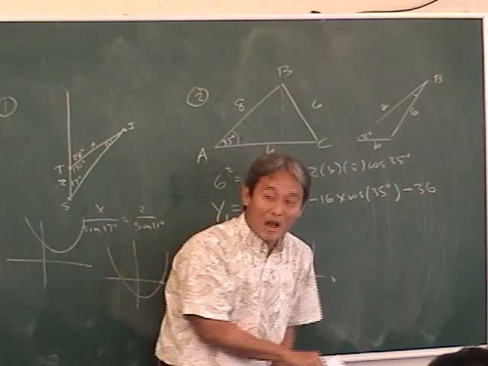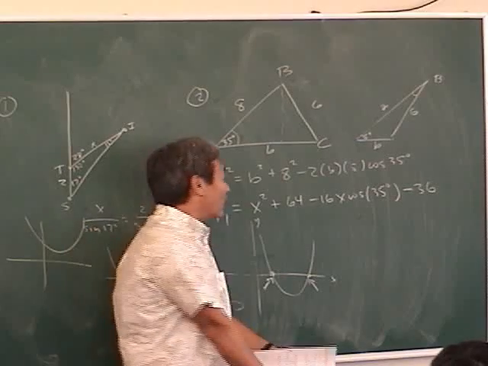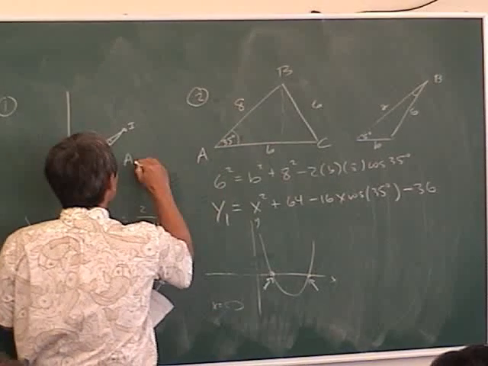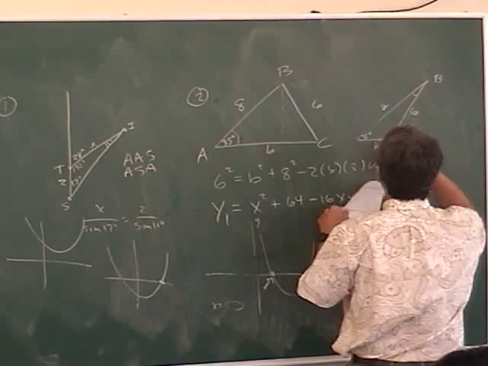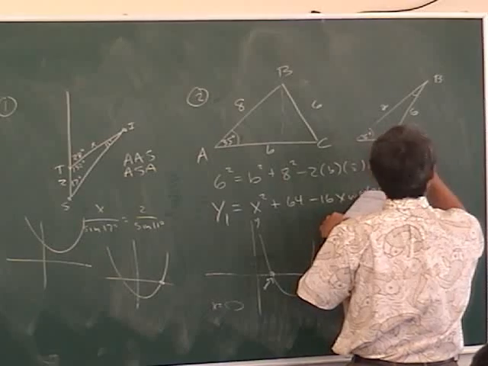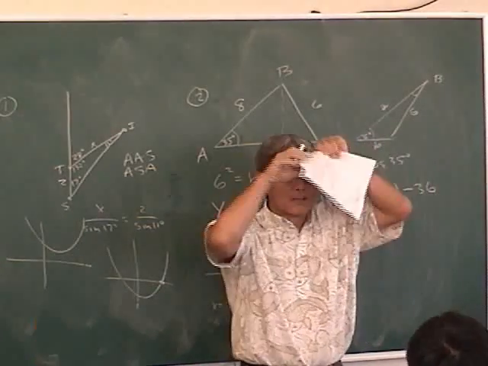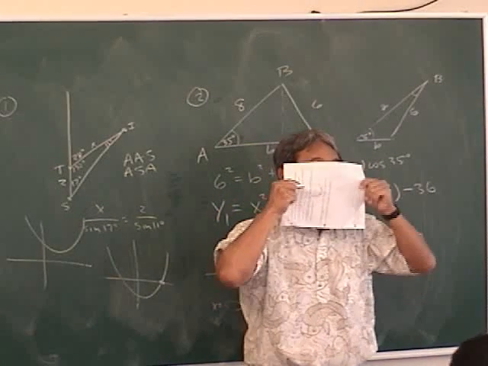Because you don't know two angles. Okay, this is what we're taught. If you know two angles, then you use the law of sines. How many angles do I know here? One. Don't use the law of sines.